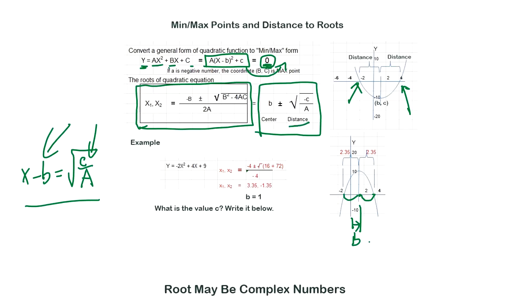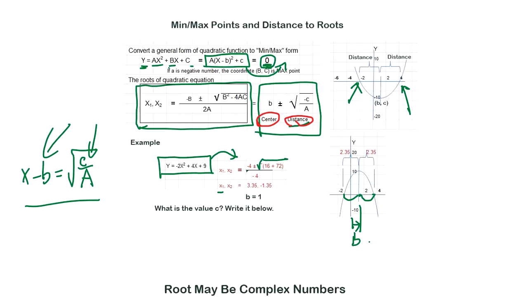This is important, okay? This part is a distance, and this is a center coordinate, the amount shifted in the x direction, okay? An example here: if somebody gives you this quadratic equation, you use this formula, you can find the two roots as a square root, okay?